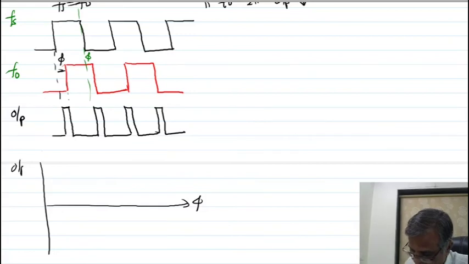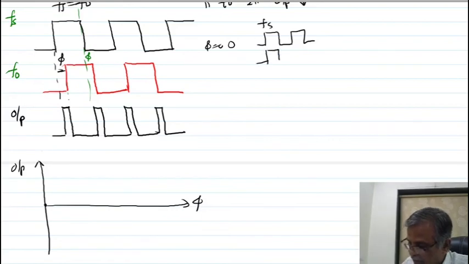This is output. See, at 0 means what? For your understanding, phi 0 means this is your Fs and this is your Fo. So the output is 0.